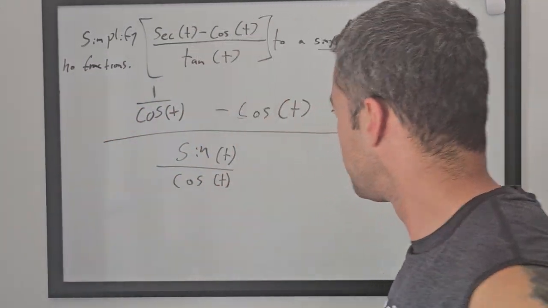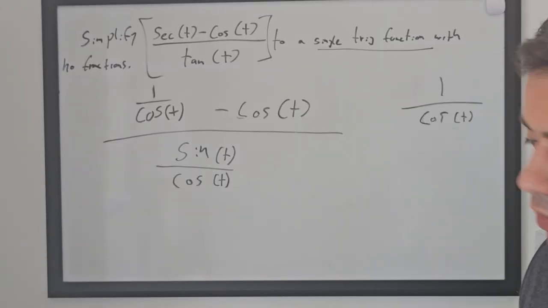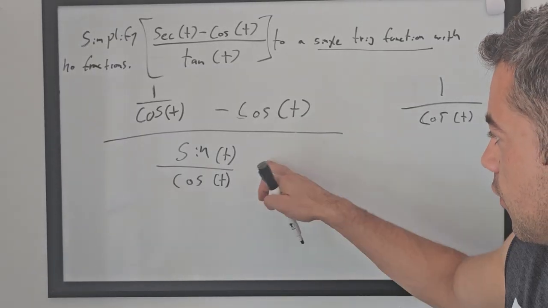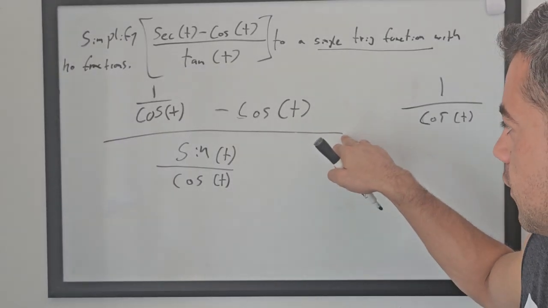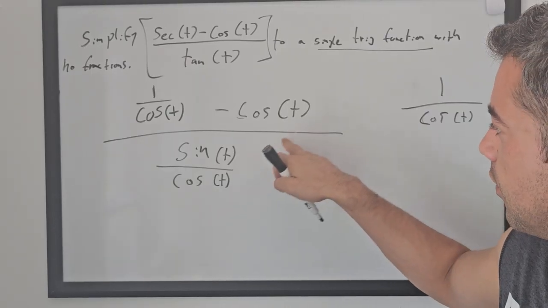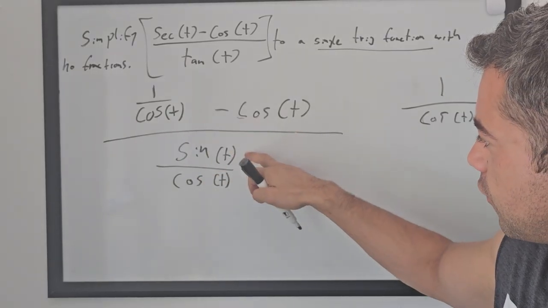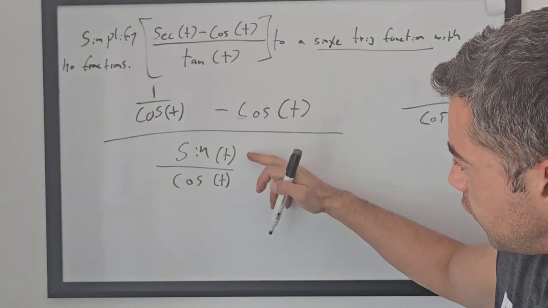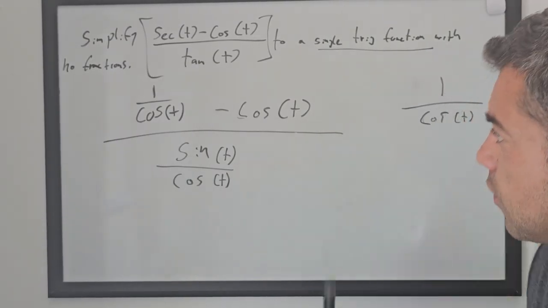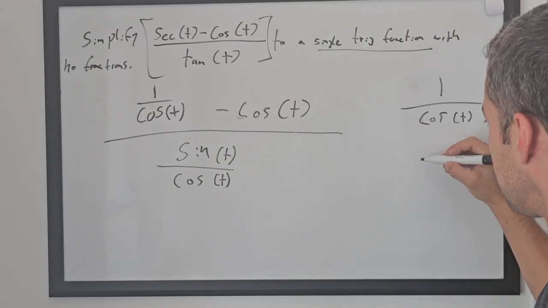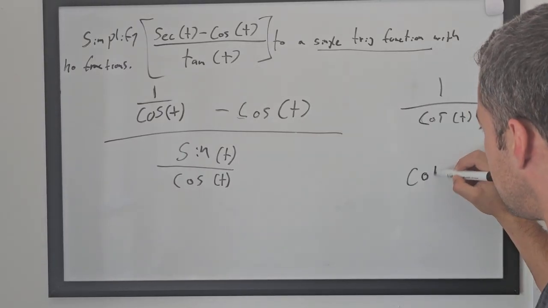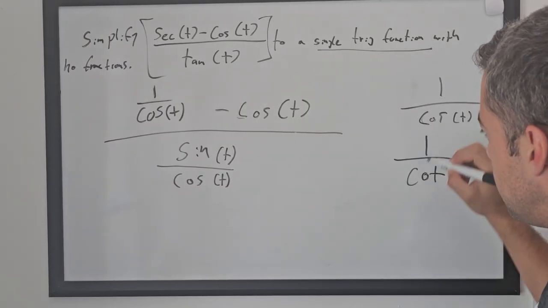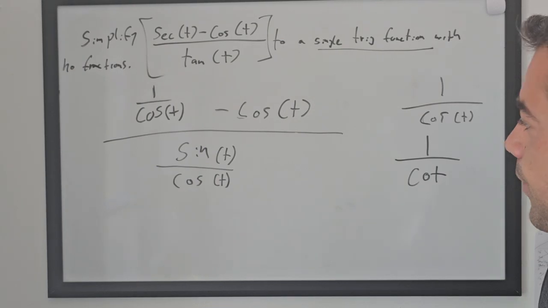Okay, so this is going to be a lot easier to work with because we have an equation that we know we have to do something with. We're going to multiply this part by the reciprocal here. So once we do the reciprocal of tan, we are invoking cotangent, which is the inverse of tangent.